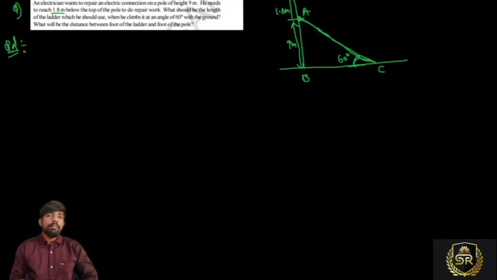First, the total height of the pole is 1.8 plus 9 meters, which is indirectly given.